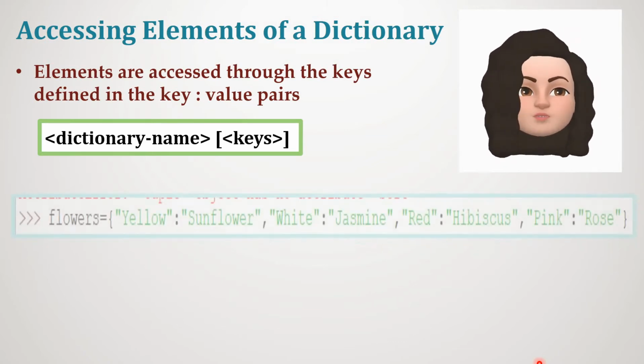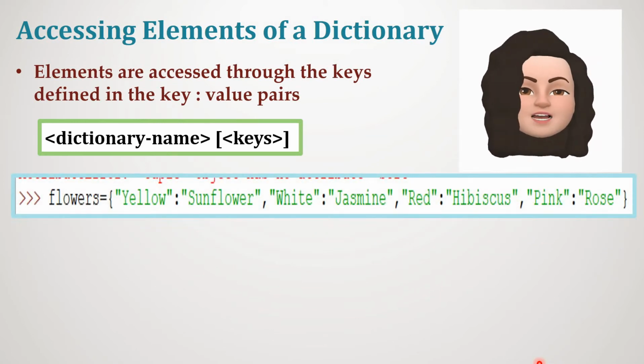Flowers equal to yellow colon sunflower, white colon jasmine, red colon hibiscus, pink colon rose. So which are the keys in this dictionary? Yellow, white, red, pink. The values: sunflower, jasmine, hibiscus and rose. Now let's access the value sunflower.